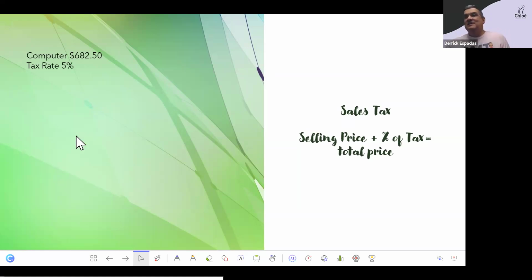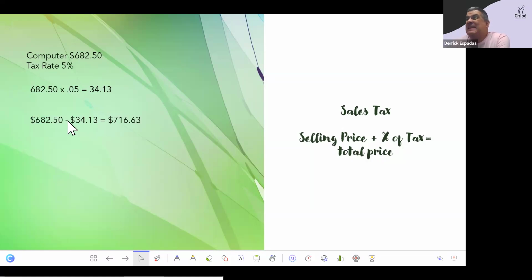So we're going to figure out the tax. How much extra tax on top of this 682.50 are we going to have to owe? So we're going to multiply 682.50 times 0.05 and that gives us $34.13. So that's how much tax we're paying. So we're going to add that to what we're paying for the actual computer.